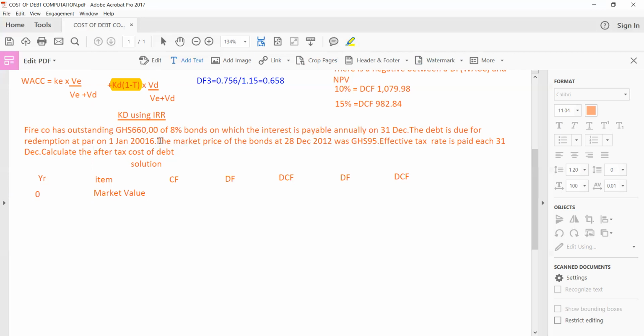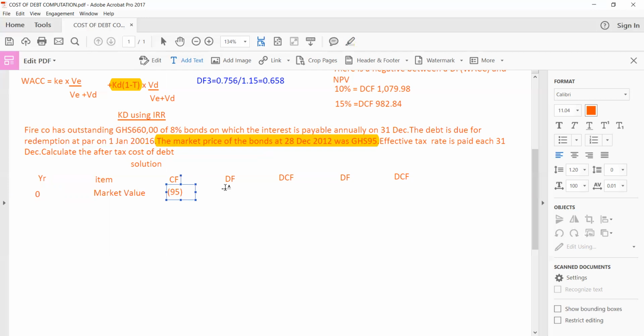So we can take that statement from here. The market price of the bonds at 28 December 2012 was 95. So if the current market price is 95, I do not have any problem. I just slot in my 95 and I'm good to go. But because it is the market value, you will make this side what? Negative by putting it in brackets.